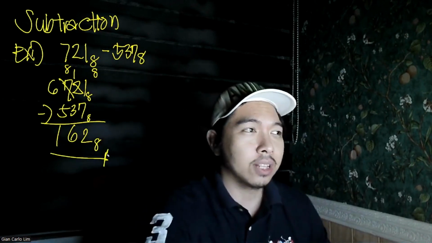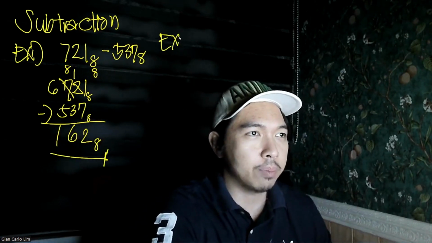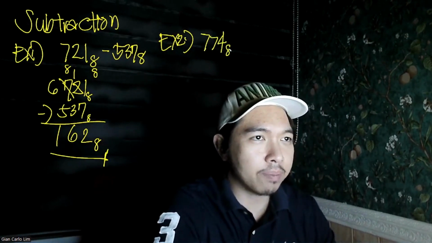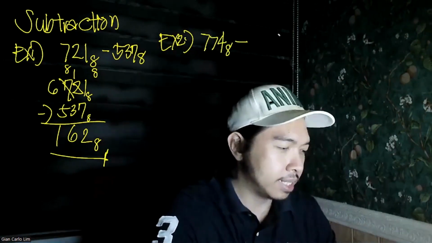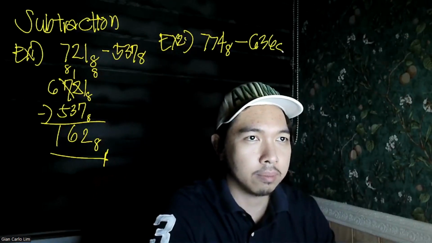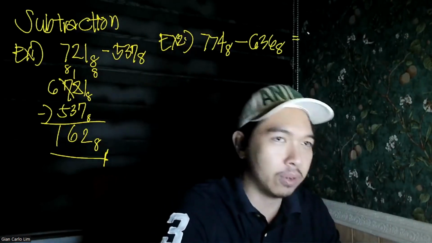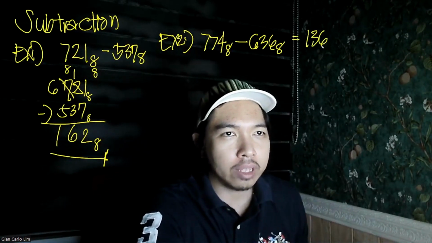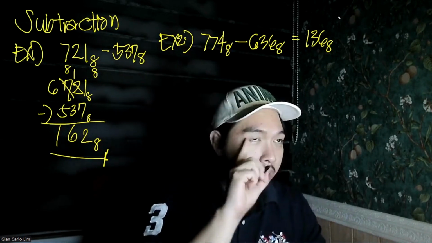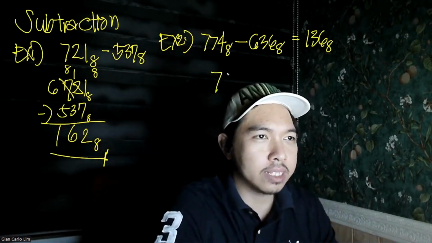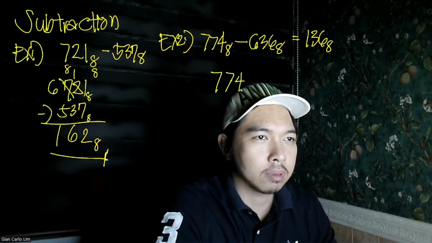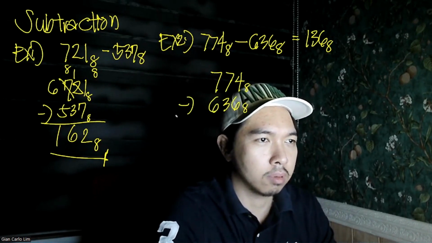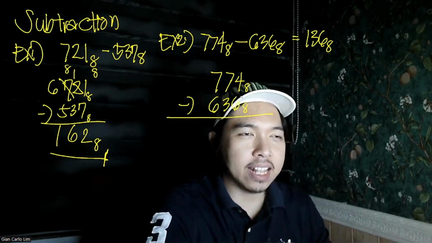Okay. So let's try the other number. Example number 2. Okay. So 774 base 8 minus 636 base 8. And we know the answer would be 136 base 8. Okay, not 128. 136 base 8. Okay. So how do we do that? Same process. 4 and 6 cannot be.